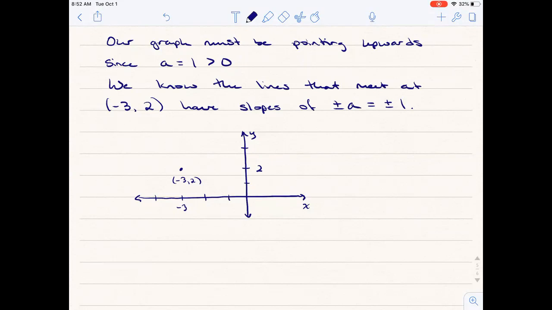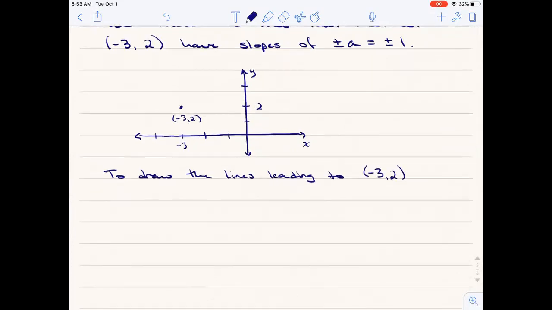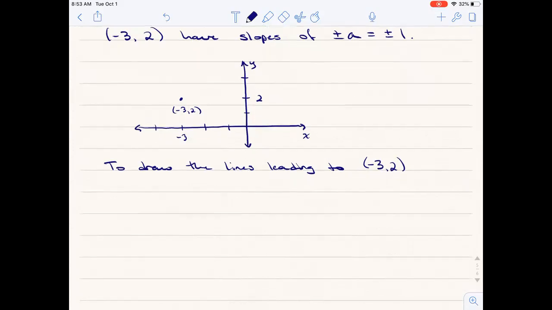So in this case, to draw the lines leading to -3, 2, -3, 2 is a point on each of these lines, so we just need to find 2 more points, 1 on each line.